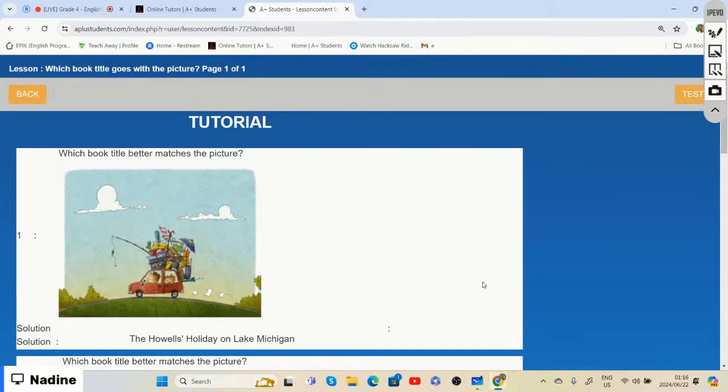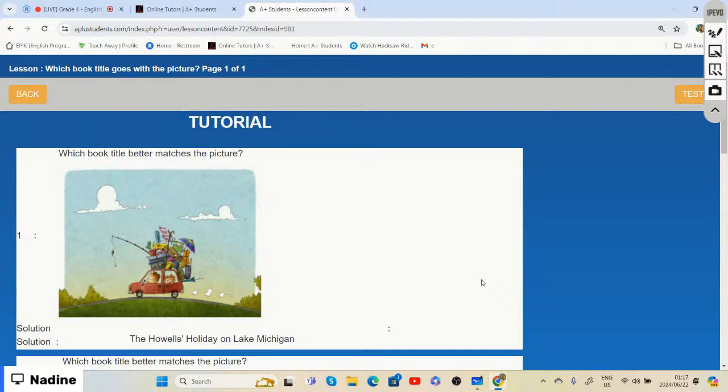All right. So if you look at the picture, what can you see happening in the picture? What do you think is happening in the picture?